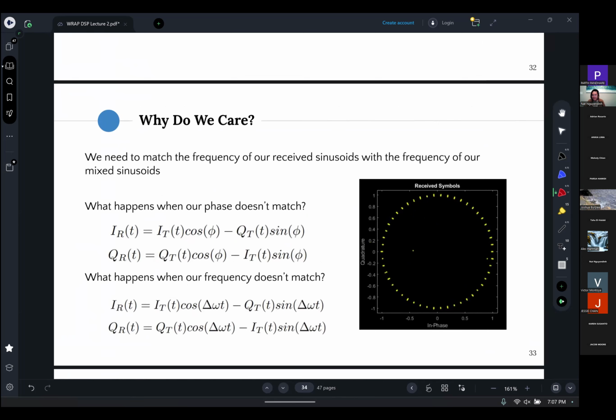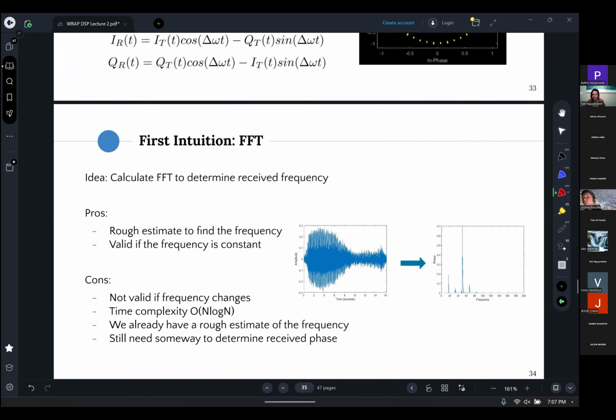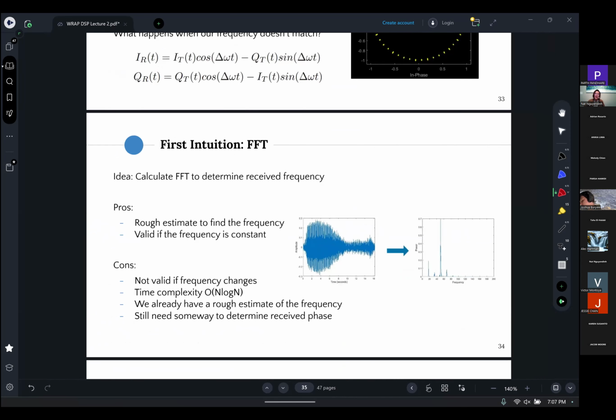And this is what you would have observed in the previous assignment. So our first intuition for how we can solve this might be, what if we just use an FFT on the receiver side to calculate what the actual received frequency is? After all the Doppler effects, after everything, what frequency do we see from our perspective on the receiver side?